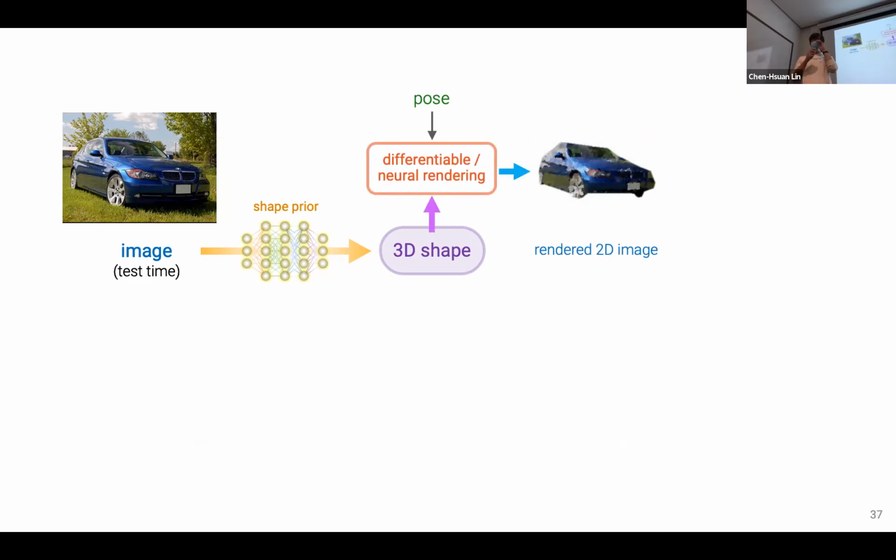Yes. I've noticed this artifact on a couple of your results. It seems like you have grids outside. Do you know what that comes from? So that partly comes from the position encoding component that I'll talk about later.